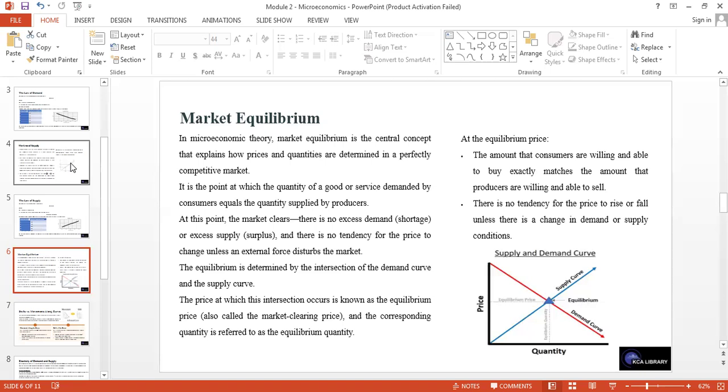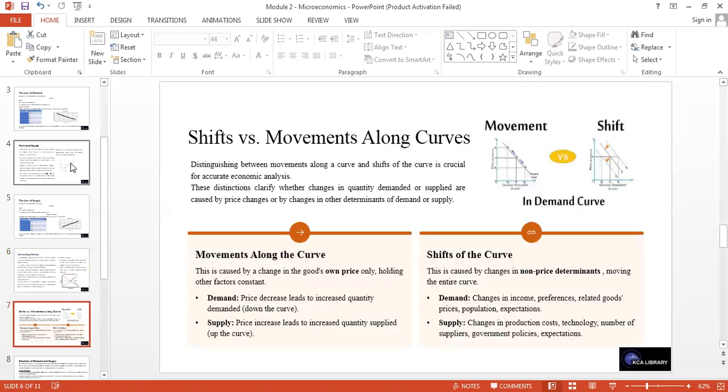So at the equilibrium price, the amount that consumers are willing and able to buy exactly matches the amount that producers are willing and able to sell. Also, at this point, there is no tendency for price to rise or fall unless there is a change in demand or supply conditions.